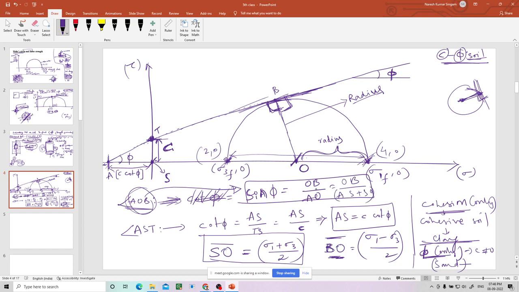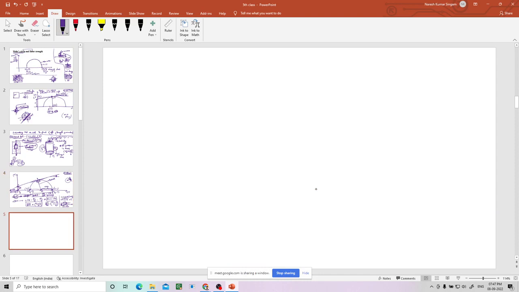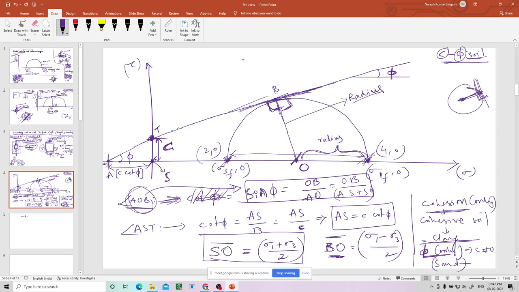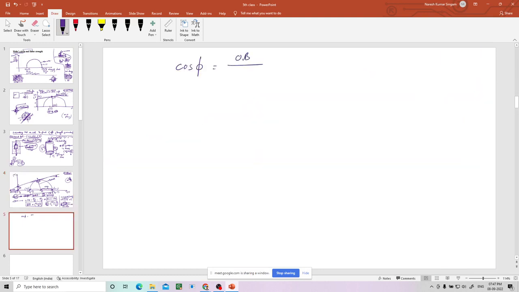So I'll write this formula in the next slide directly. Sin phi equals OB by AS plus SO. And what is OB? It's a radius. What is radius? Sigma 1 minus sigma 3 by 2.